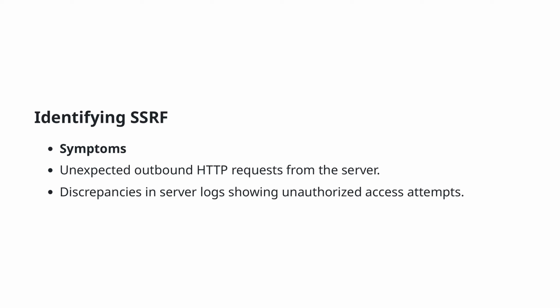These discrepancies may appear as unauthorized access attempts, where the server's logs show unexpected activity that deviates from normal operations. Careful log analysis can often reveal these irregular patterns, providing critical insights into potential SSRF attacks. By understanding these symptoms, you can better protect your applications from the risks posed by SSRF vulnerabilities.